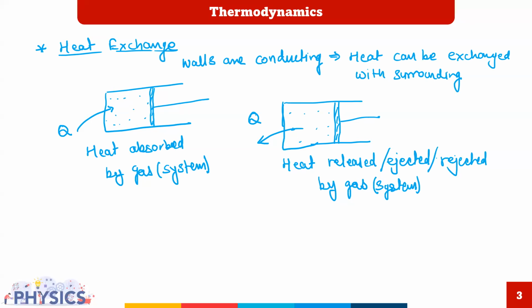We have studied a chapter called heat transfer. In heat transfer, we have seen that the heat exchange to change the temperature of a body can be written as Q = nCΔT, where Q is the heat exchange. For gases, we don't use the mass, we use the number of moles, so n is the number of moles.